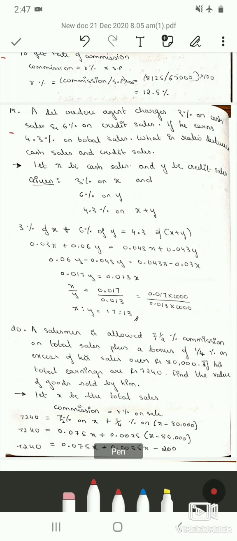Since they have asked us to find the ratio between cash sales and credit sales, we are expressing it in terms of a fraction to get the ratio. Here x is cash sale and y is credit sale. So therefore the ratio between cash sale and credit sale is 17:13.